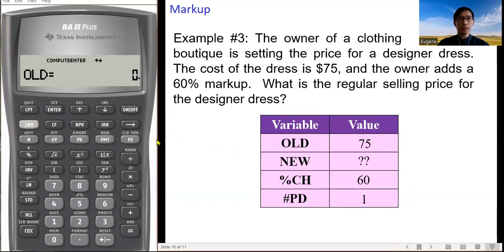Head to the calculator, key in the corresponding variables. Variable old, 75. And then the variable new, we need to calculate it. The variable %CH is 60.